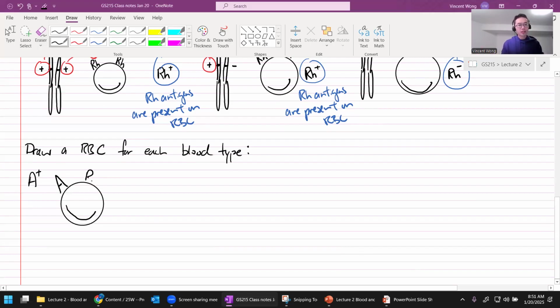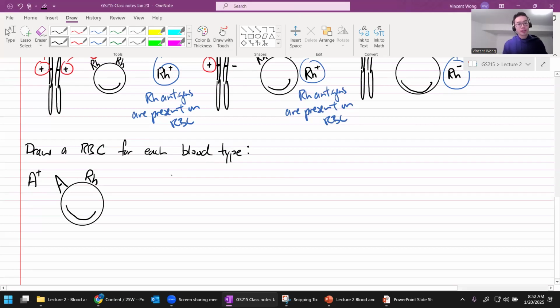That's right, Rh. That's an A positive person. But in reality, it's not just a single A and a single Rh. A is going to be all over the place, and you're going to have Rh all over the place. But, of course, for simplicity, we're going to do it like this. Do you understand?